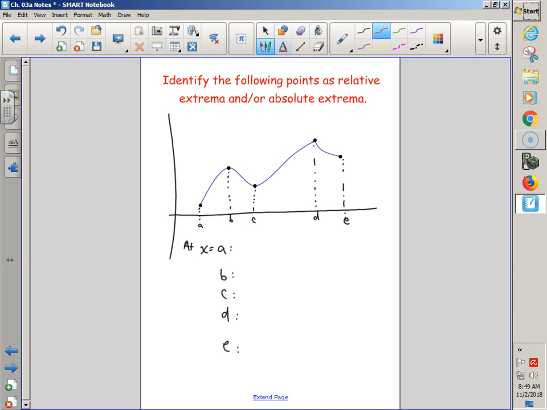How would you guys best label A? Absolute minimum or maximum? Min? Relative or absolute? Technically, we could say both, but yeah. Oh, sorry, I was putting in the first one I saw. I forgot that was up there.